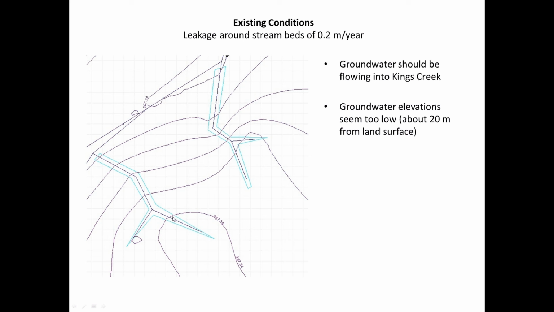This still has groundwater elevations lower than I would expect, so it might not be that accurate because right here around this part, I remember the land surface elevation is about 360 something meters, and it's showing as 357. The groundwater head is showing as 357, so 10 meters below the surface, or 20 meters in some areas below the surface.